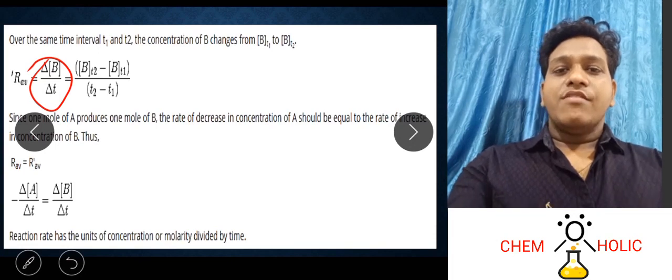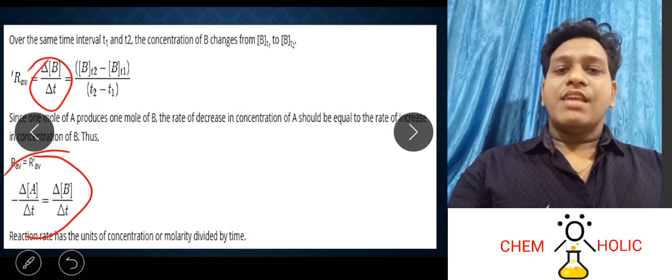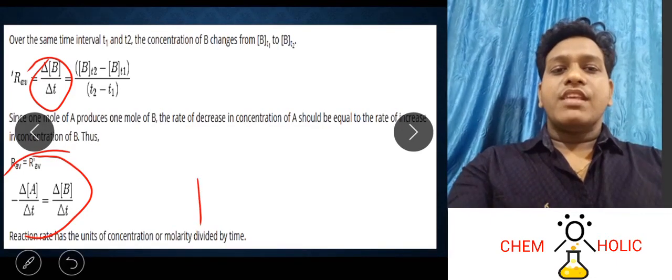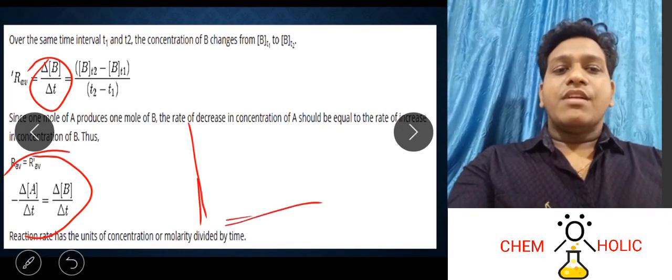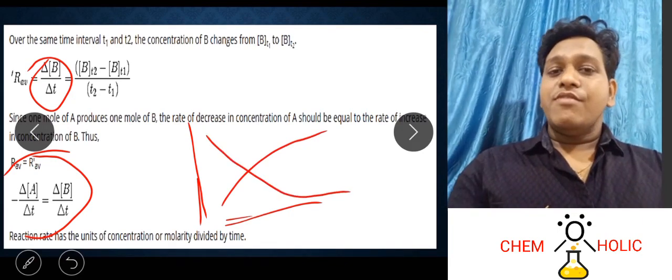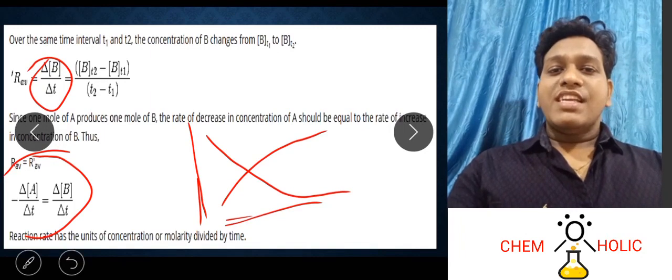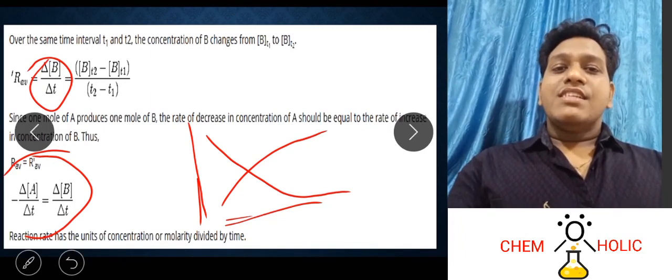So here we can write the average rate. As I told you, if the number of moles are the same, their rates will be the same, only the direction will be different. From the graph, if the number of moles of A and B are the same, the rate of increment and rate of decrement will be the same. Within 1 minute 10 moles are decreasing, so within 1 minute 10 moles are forming.